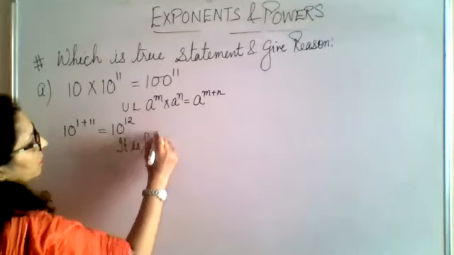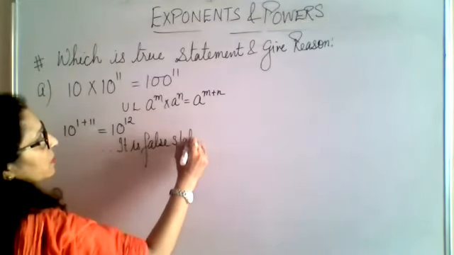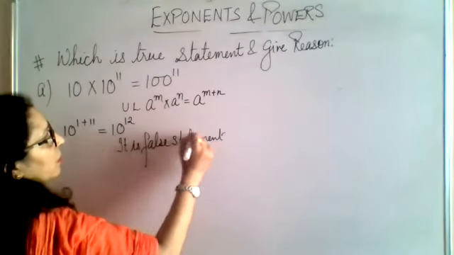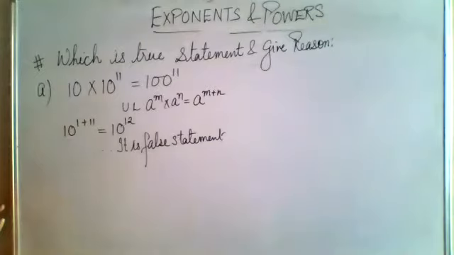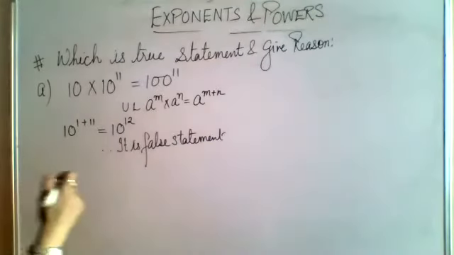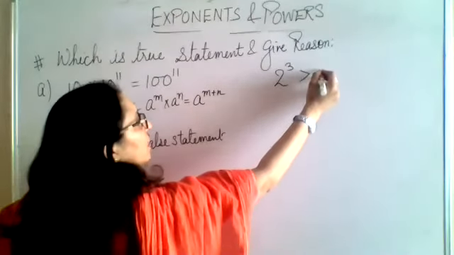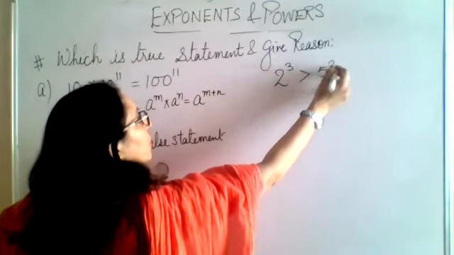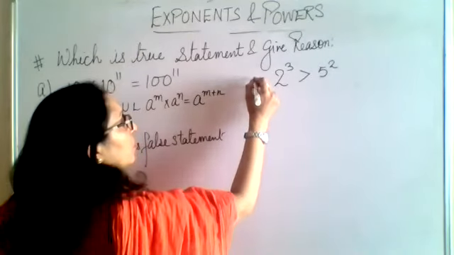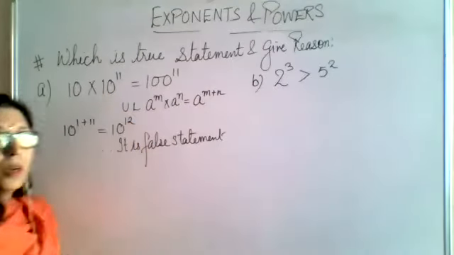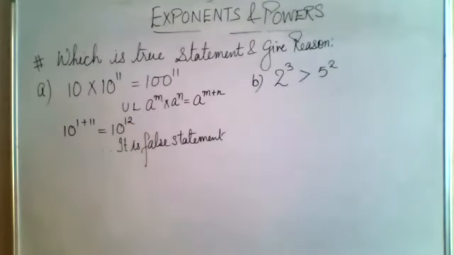It is a false statement. If it is given 2 raised to power 3 and 5 raised to power 2, it is not necessary that if power is greater, the number will be greater.